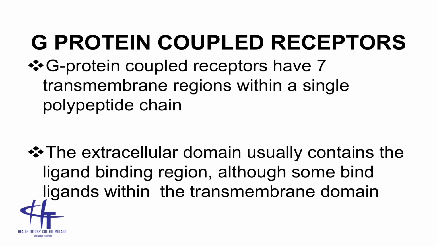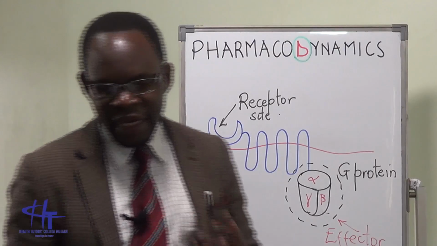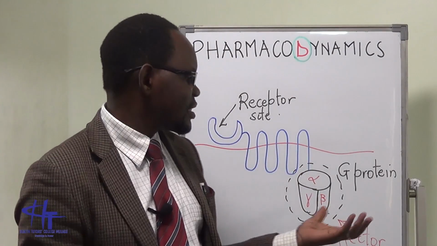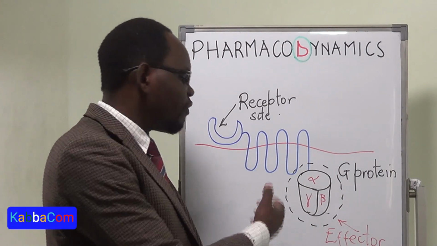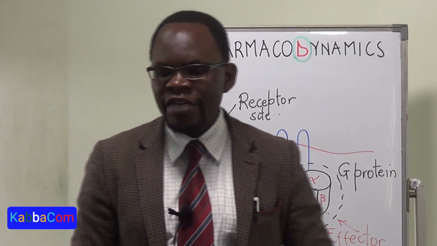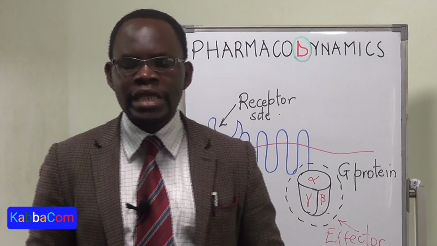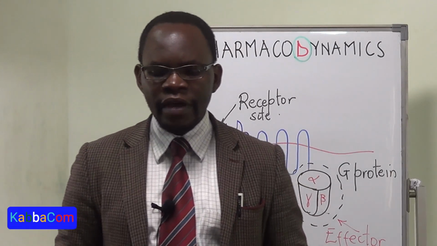That's why we refer to it as a 7-pass receptor. But it also moves like a snake within the cell membrane, and that's why we refer to it as a serpentine receptor. So it has the ligand binding region, as we can see here, and it also has the effector site, which is comprised of the G protein. And that G protein has 3 subunits: the alpha, the beta, and the gamma.